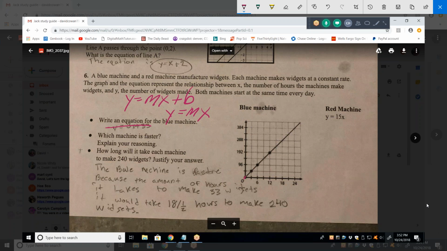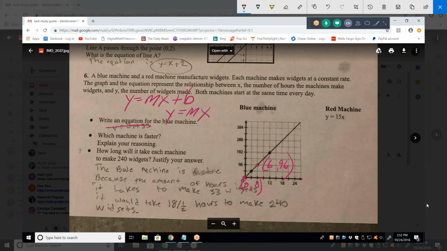Now, what's the slope? Take a point. Okay, we know this point here is 0, comma 0, right? Well, this point right there is 6, comma 96. Figure out the slope between those two. Hold on.